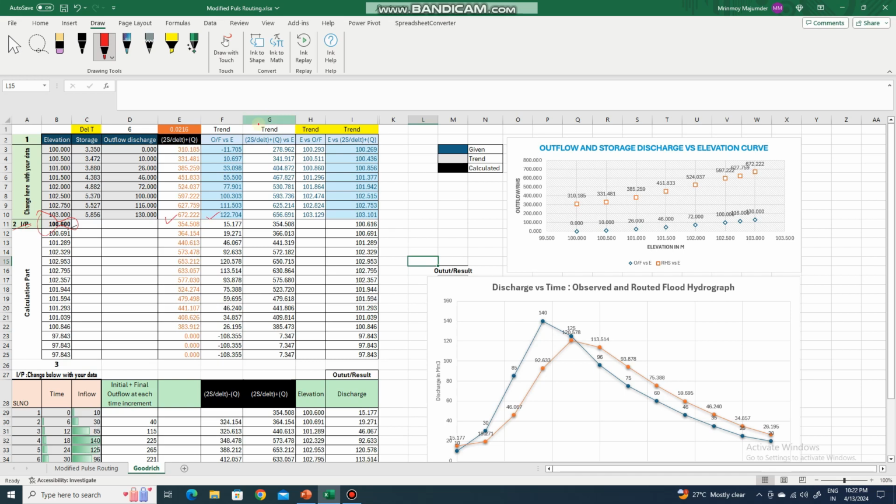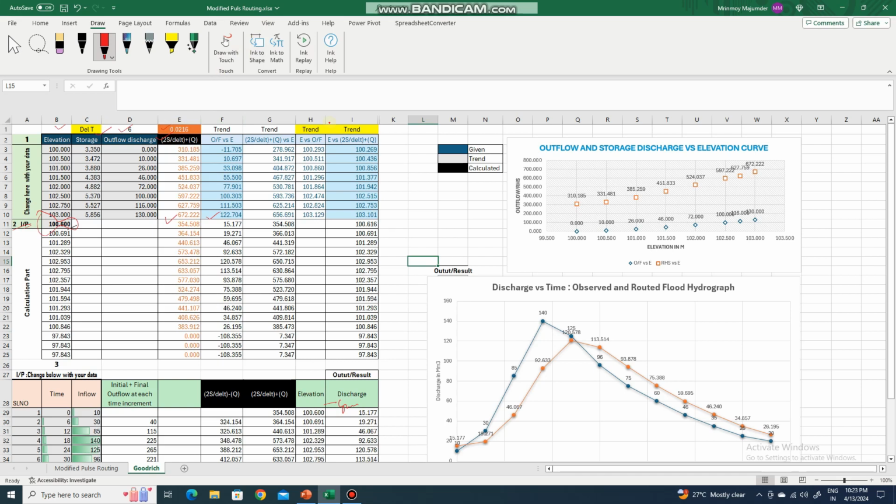At the initial time, the elevation was 100.6, that was given. This is actually the given table. This elevation, storage and outflow discharge is given as I have told you, and from this data only 2S by del T plus Q is calculated, and del T is your 6 hours, so it is changed to seconds.